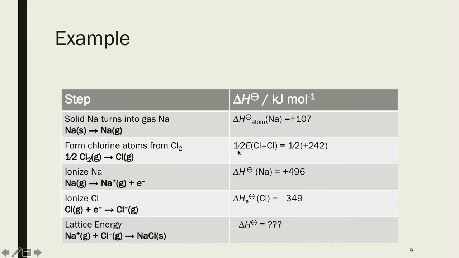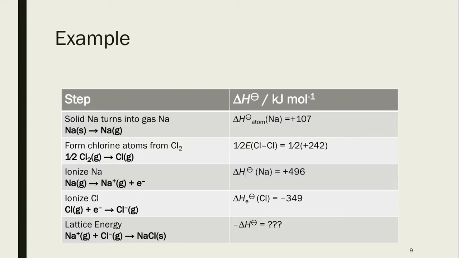So the enthalpy is 1/2 the bond enthalpy. That's what that capital E means. That's the bond enthalpy of the chlorine to chlorine bond. So we take 1/2 of the value for the chlorine to chlorine bond, which is 242. So now with these first two steps, we have one gaseous atom of sodium and one gaseous atom of chlorine.